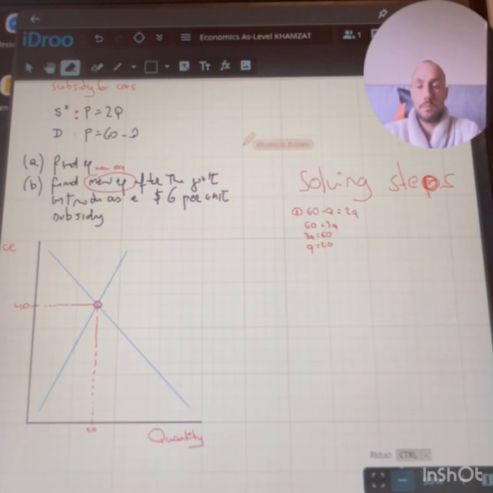After the government introduces a $6 per unit subsidy. Dollars per unit subsidy. What does that tell us? That will affect supply only. We know.